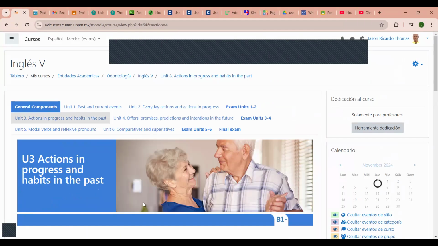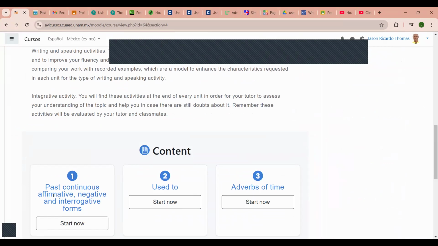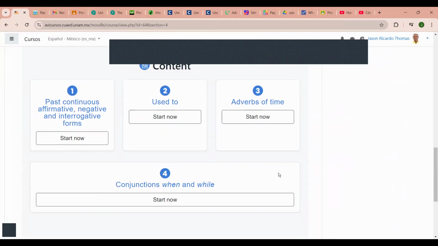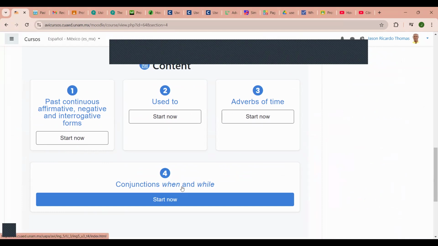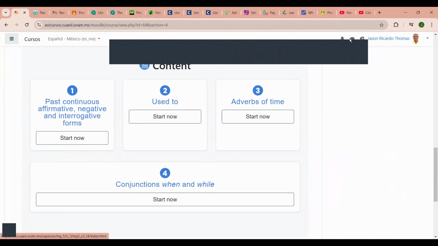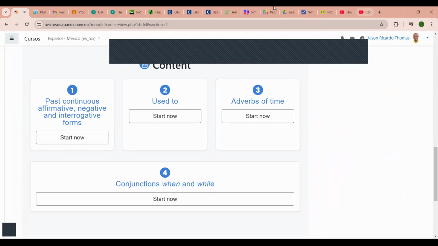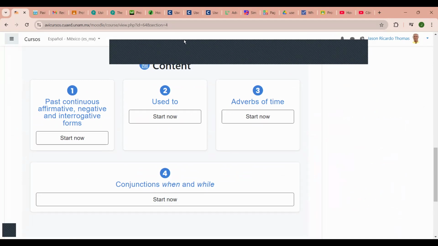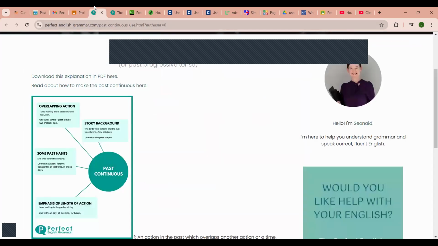That means we're going to be looking at past continuous, used to, the adverbs you use, and some conjunctions. As you saw, I sent you the video that was in the preview and the video you saw on the screen just now. So you had an idea of what we're going to be doing. Now, I think everyone has added their names and groups to the chat. Thank you so much.